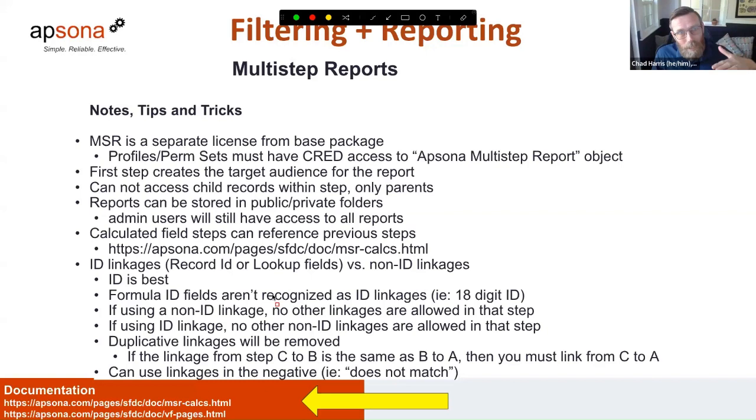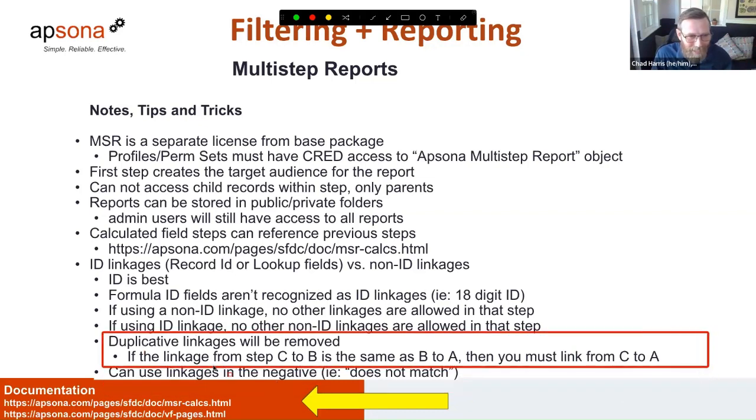We have a contact step that includes the account ID and it's linking back to the account via the account ID. And then I have a third step that wants to link to the contact step, the second step, by the account ID. You're not going to see that option because the account ID is already being used to link to the first step. So Apsona is going to force you to link that third step back to the first step because it would be duplicative to do otherwise. Sorry that I don't have a visual for that. That all came out as words.